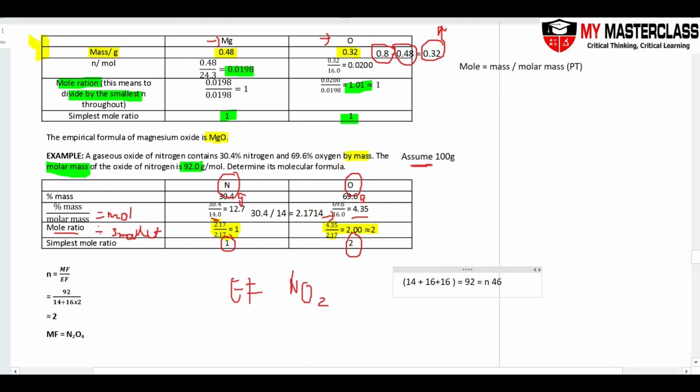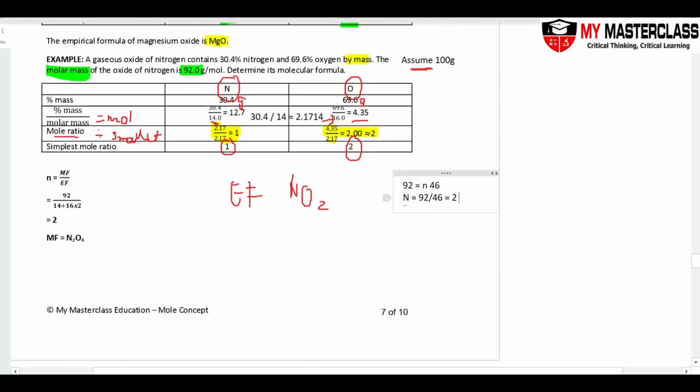So 92 equals n times 46, and then n equals 92 divided by 46. So n is 2. So my ratio is 2, and the whole thing I should have a 2. So your molecular formula is N2O4 over here.